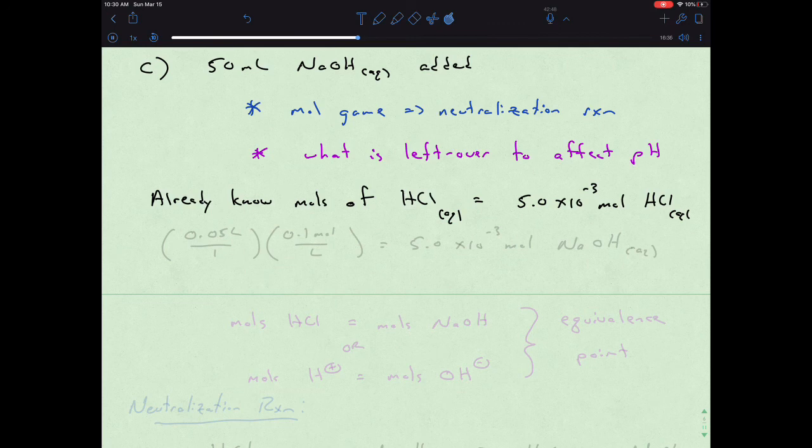And now what we need to calculate is our new mole value for the sodium hydroxide. And we find in this case that those moles are actually equal to one another.